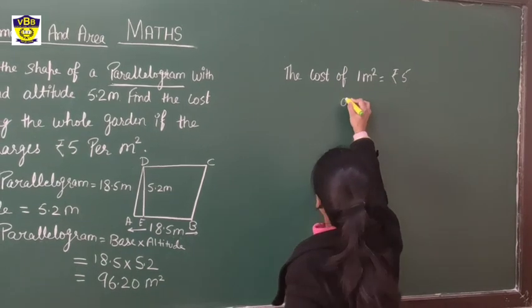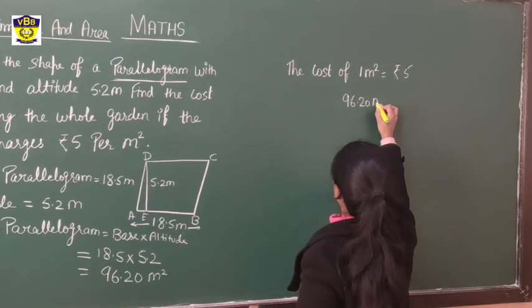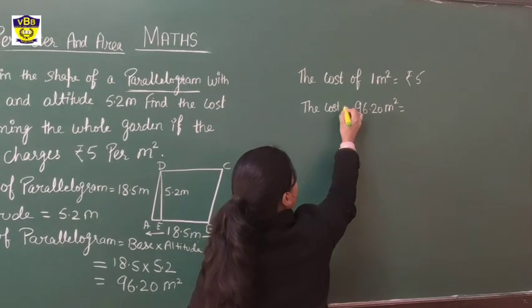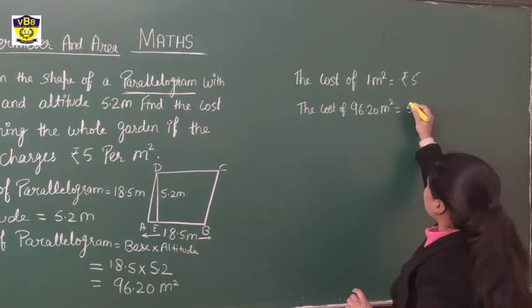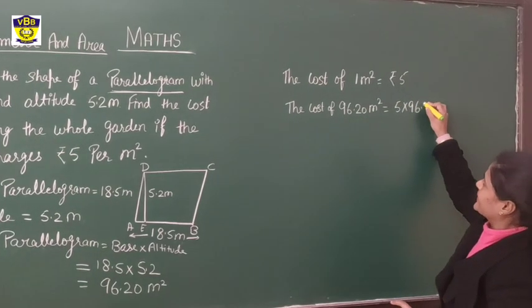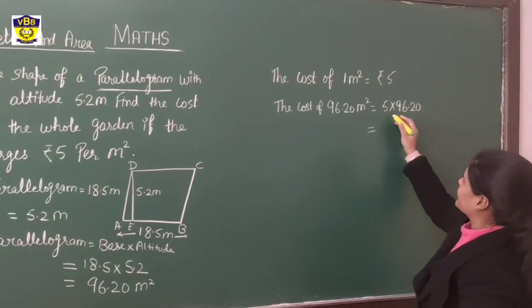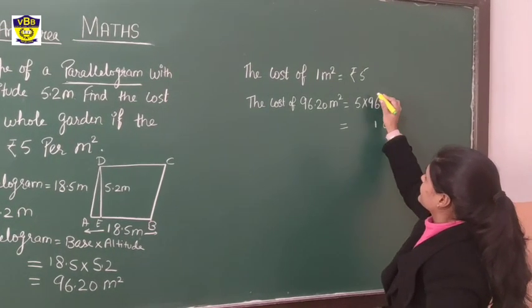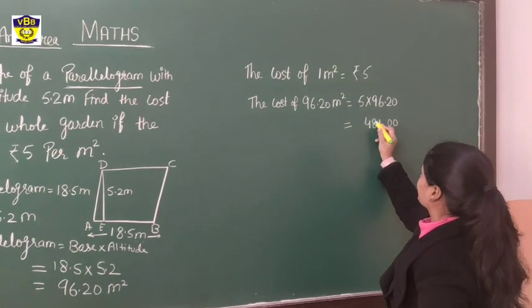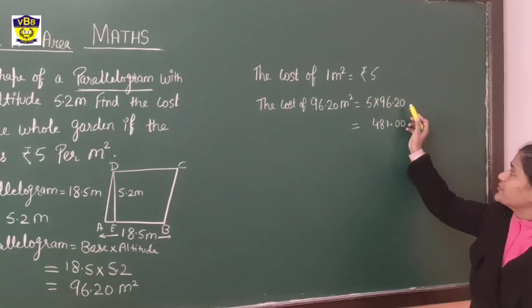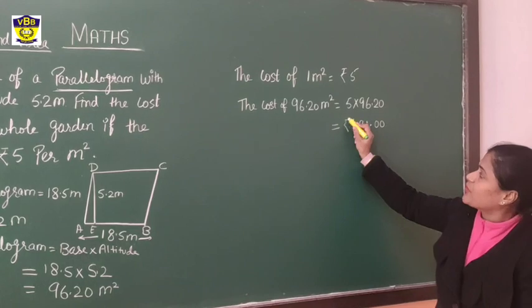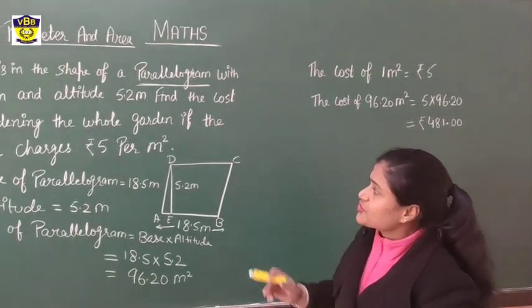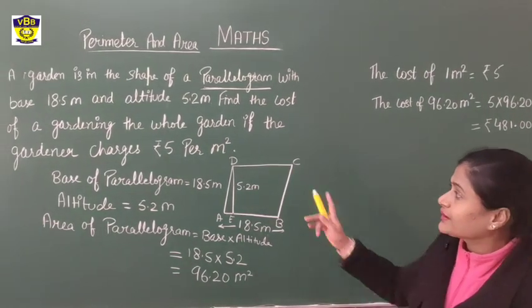So cost of 96.20 meter square will be 5 into 96.20, that is 481 rupees. 481 rupees is needed for gardening the whole garden.